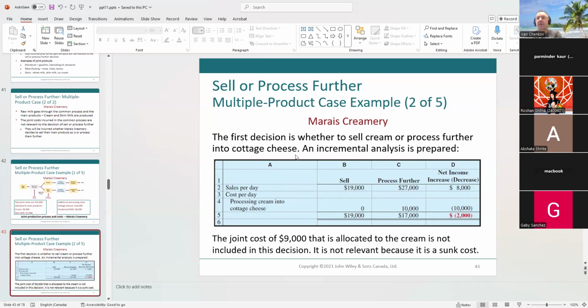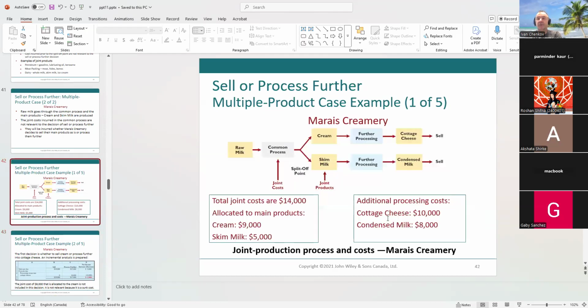Now, if we sell it as it is, we're going to get $19,000. If we process it further, we're going to get 27. So we get an additional $8,000. But as we already saw, moving from the cream to the cottage cheese is going to cost us $10,000.